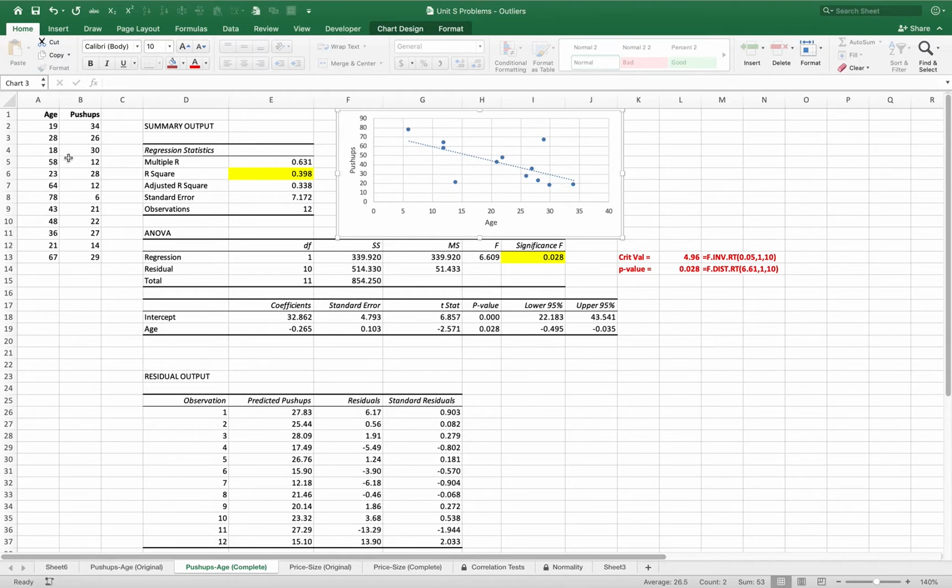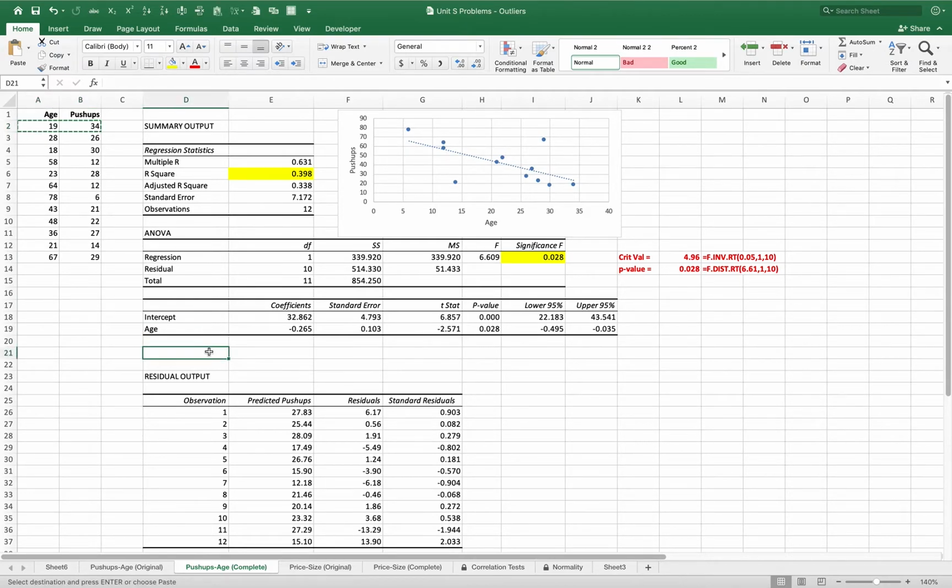Let's go over here and take a look at how you would calculate that. If I took that first observation, which is 1934, I'm just going to move it down here so we can see it better. If I took the intercept, 32.862, plus the slope, minus 0.265, times the x value, I end up with 27.87, which is, when we looked at the graph, what we said: a value of around 27 or 28.